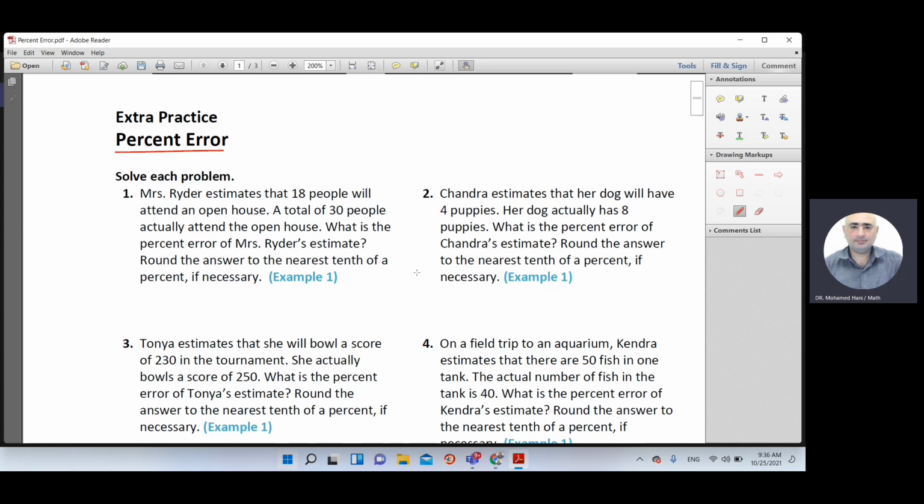So the first question here: solve each problem. Aliazia, please, can you read exercise number 1?